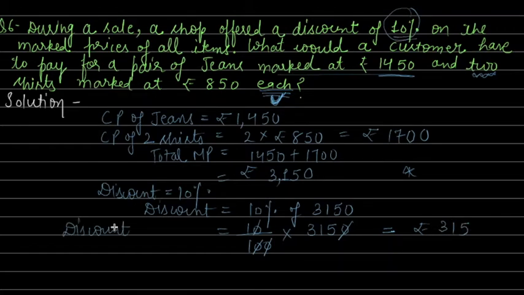So it means the item whose total cost was rupees 3150 has a discount of rupees 315 after the calculation. You have to tell how much the customer has to pay. Therefore, what will be the purchase rate?